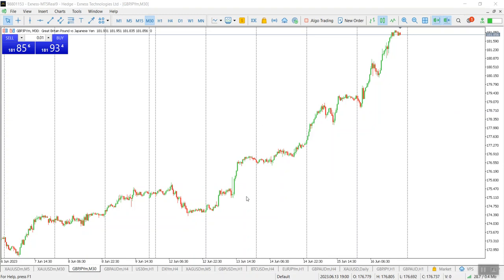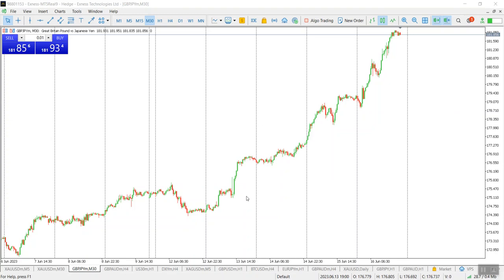As a day trader, you are supposed to know which direction your market is going, so that you know the type of trades you are to take. If the market is going bullish, you should only be taking buy trades, and if the market is going bearish, you should only be taking sell trades.